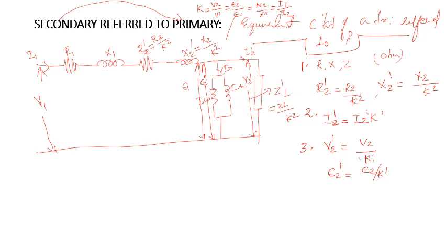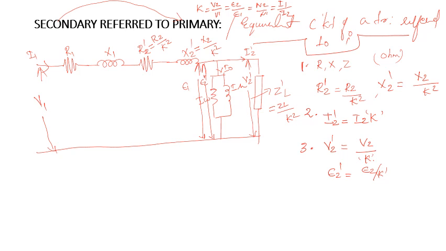Similarly, if we transfer the current, that is the load current I2, to the primary side, it is known as I2 dash. That I2 dash will be equal to I2 into K. We must multiply the secondary load current I2 by the transformation ratio K. And the third thing that we transfer from the secondary to primary is voltages.